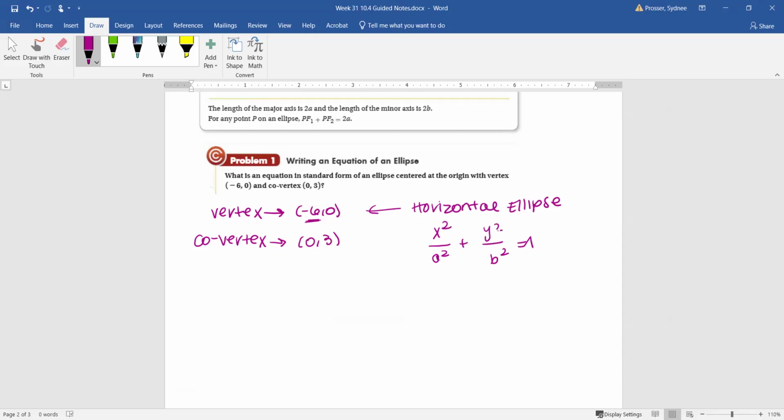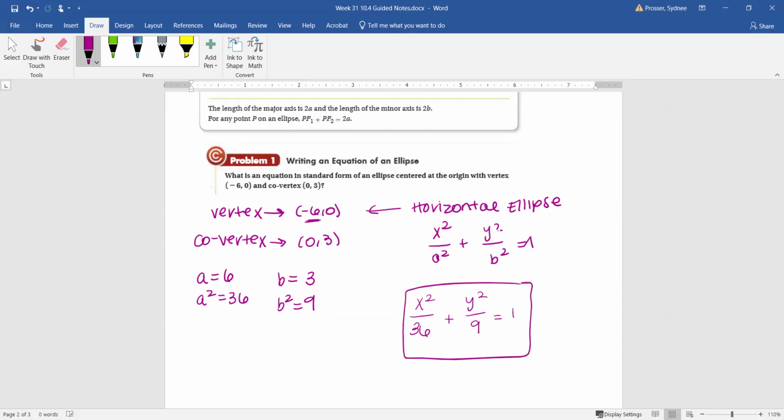My vertex tells me my a value is 6, so a squared is 36. My co-vertex tells me my b value is 3, so b squared is 9. So the equation of this ellipse is x squared over 36 plus y squared over 9 equals 1.